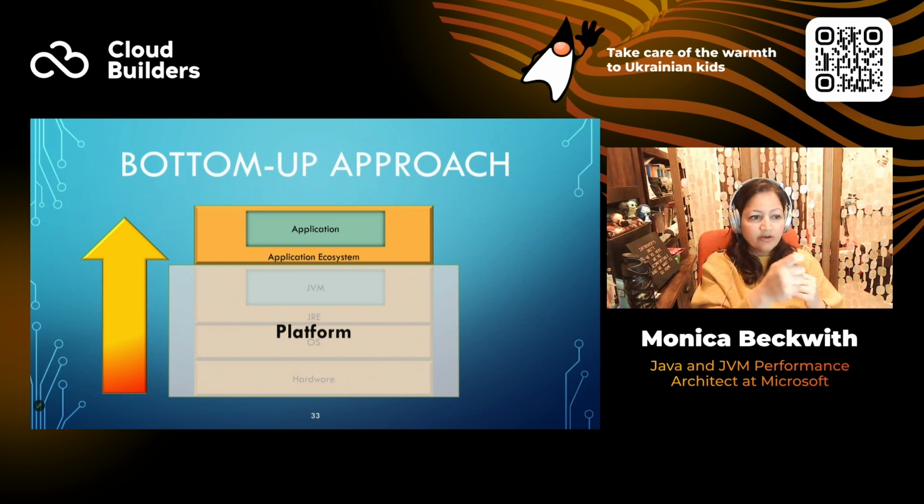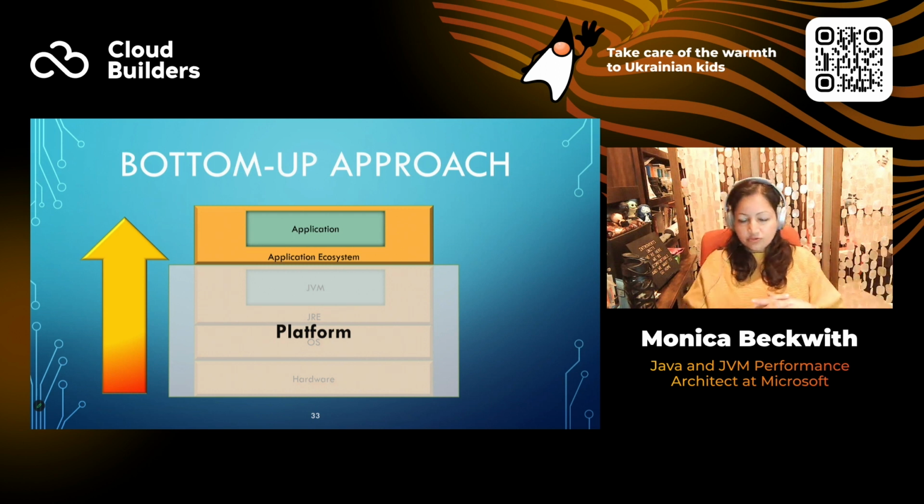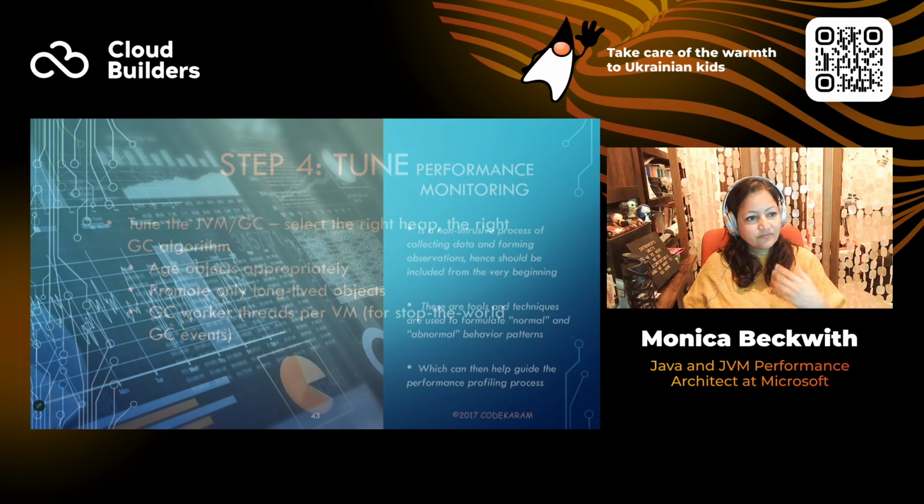I want to compare Windows performance to Linux performance because I want to see how that goes. Or I want to compare Intel to, say, ARM. Or there are changes in the JVM. I want to try a new feature, right? So all those things actually fall under the platform umbrella. So that's when you take up the bottom-up approach. The good news is that no matter bottom-up or top-down approach, you will always follow this iterative process that I'm going to talk about next.